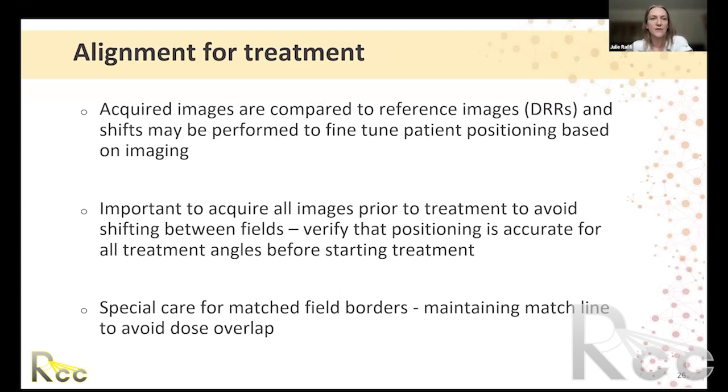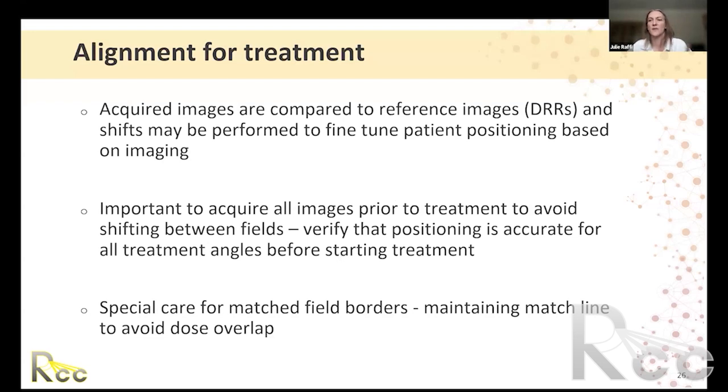To align the patient for treatment, the acquired images are compared to reference images, DRRs, or digitally reconstructed radiographs. This is like the X-ray image that you get from your planning system. Then shifts may be performed to fine-tune the patient position based on imaging. It's important to note that on our first day of treatment, you're going to want to acquire all of the images prior to treatment to avoid shifting between fields.